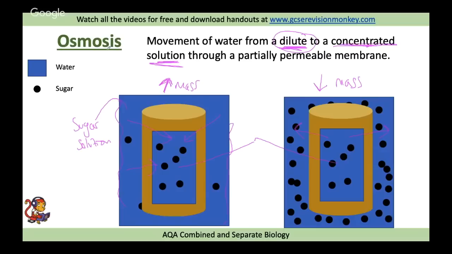Now, the osmotic balance of cells is really important. It's really important that you don't have too much water or too little water. If you have too much water in your bloodstream, your cells are going to take in that water and swell. And if you have too little water and you're dehydrated, your cells are going to shrivel up and will not function very well. That's why after exercise, you'll often drink an isotonic drink.